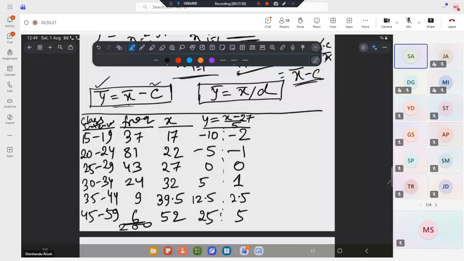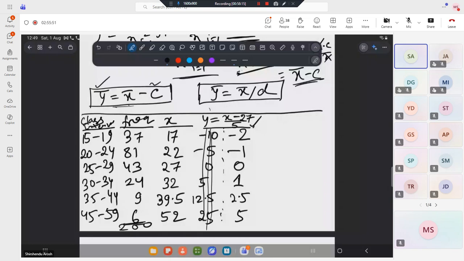Now these are quite easy numbers to calculate. So this is my new variable, my new y variable, which is x minus 27 by 5. This is my change of origin and change of scale. Eventually I got quite small numbers.